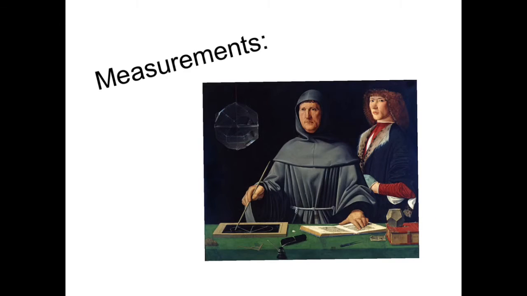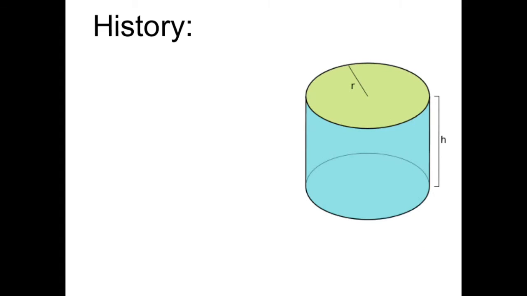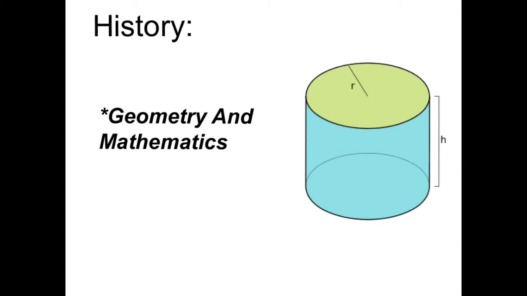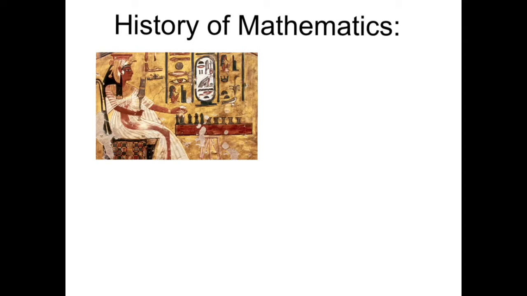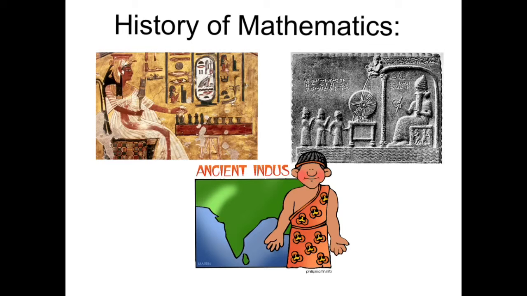Measurements have taken a great variety of forms over the course of history. Especially, the cylinder has been one of the most important shapes for geometry and mathematics through history. The ancient Egyptians, the Babylonians, and Hindus were the only ones who used forms for mathematics for doing many tests.